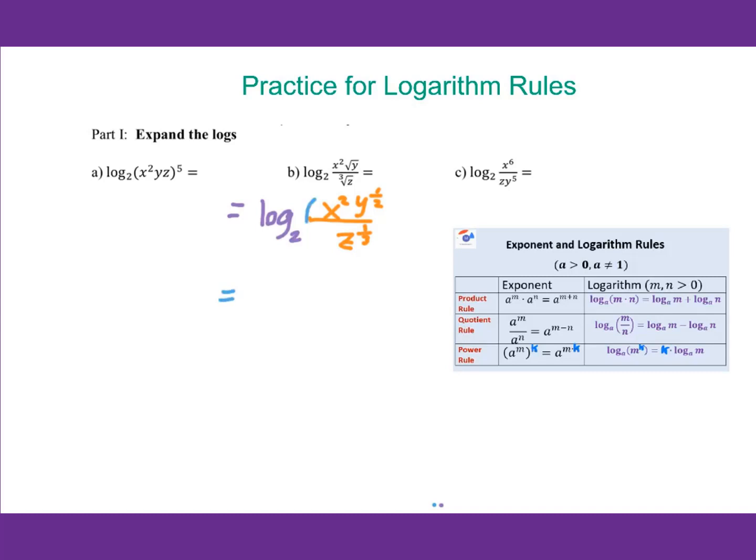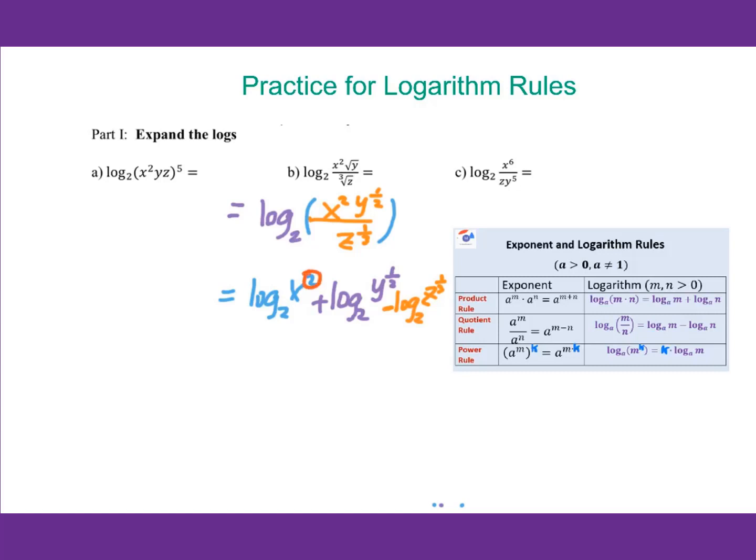When you have a division, that means you do subtraction. Therefore, you got log base 2 of x squared plus log base 2 of y to the 1/2 power. Then subtract log base 2 of z to the 1/3 power.